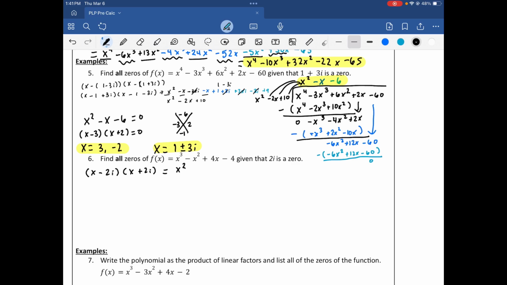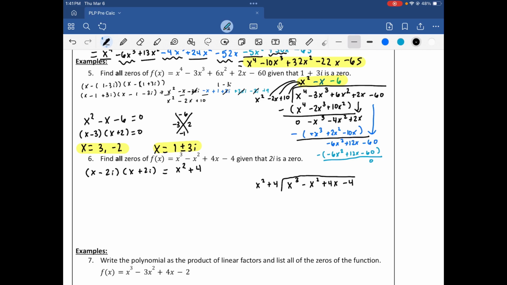I've got x squared. My middle term is going to cancel out because it's a difference of squares. Then I've got minus 4i squared, which of course becomes plus 4. And then we can do our long division. Should not take as long this time. So we've got x cubed minus x squared plus 4x minus 4, and we are dividing that by x squared plus 4.